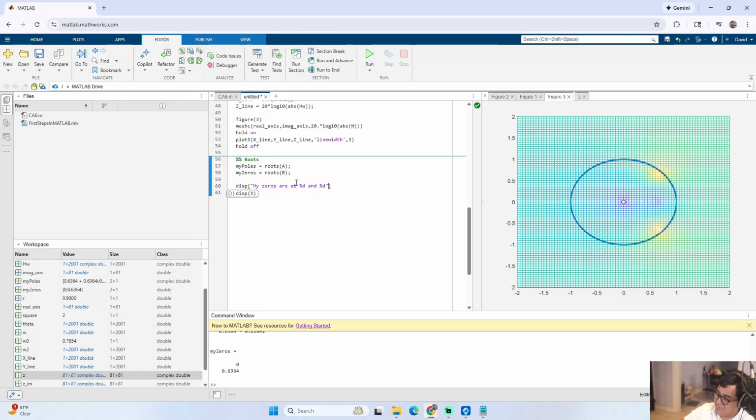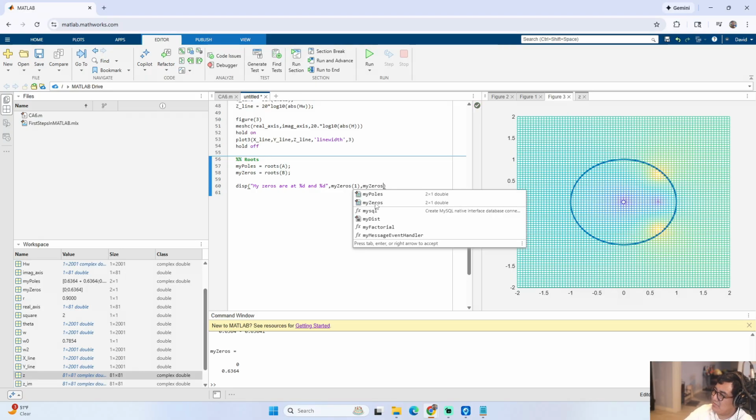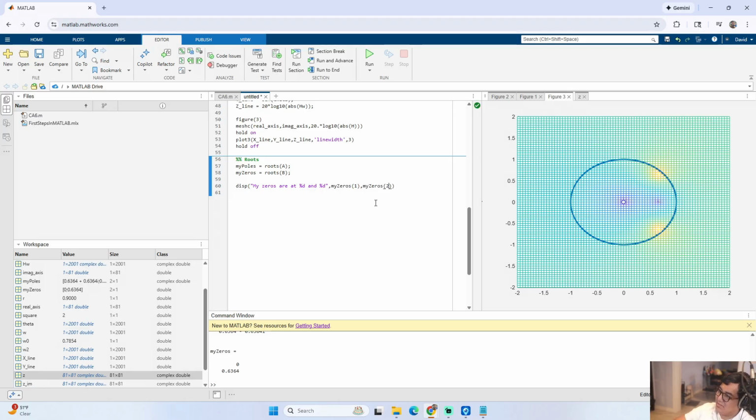And then we use my zeros 1. And how many zeros did I have? I have 2 zeros, and then my zeros 2. All right. Z is equal to that, and Z is equal to that.